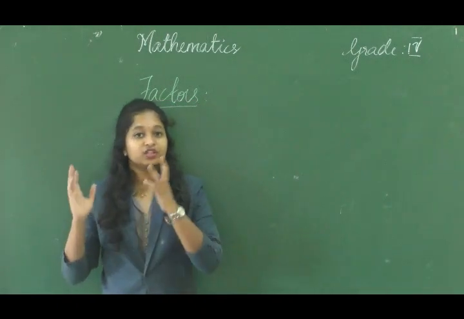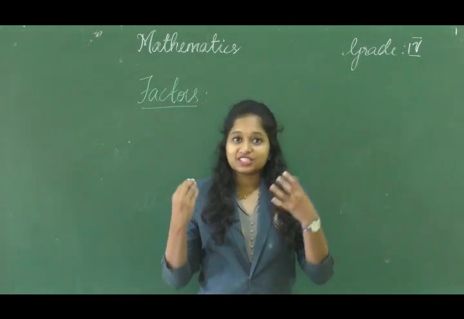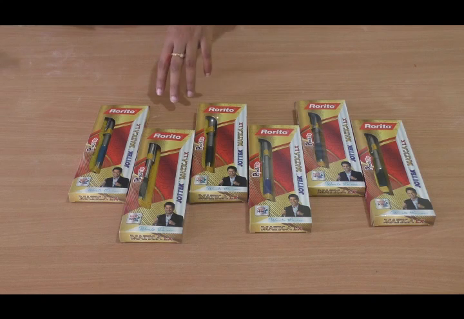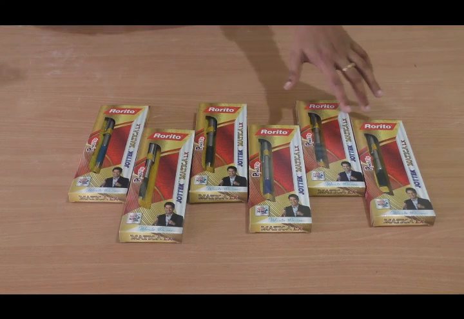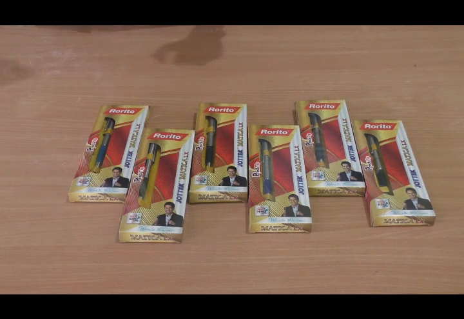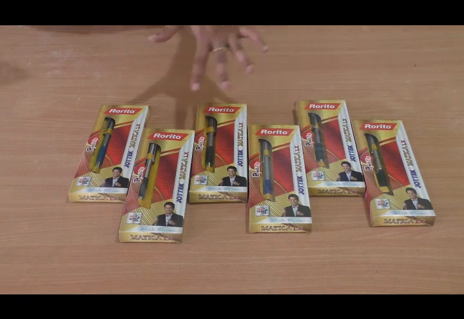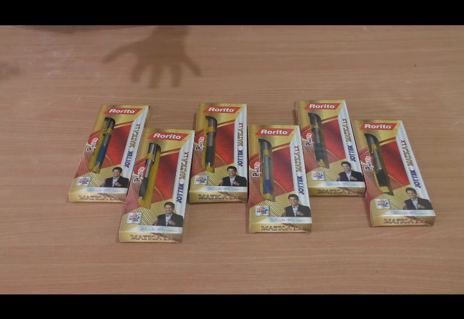Okay? The numbers used to multiply are called as factors. So children, I have a few pens here. Okay? So, in what all way can I arrange these pens equally. Let's see.